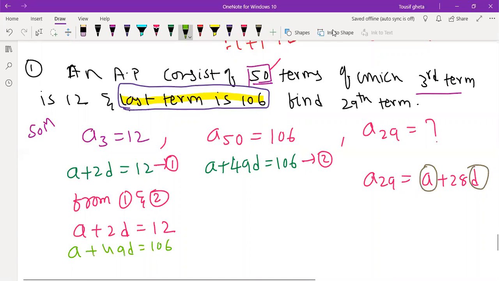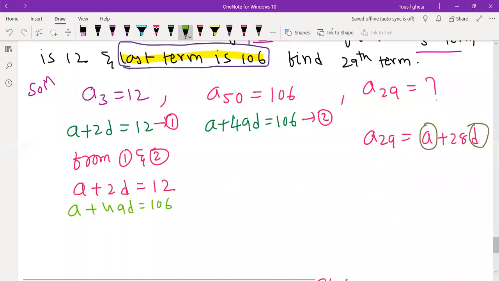You need to find either A or D. You can see A is the same, so we can cancel it. Here plus is A, so we'll write minus for the second equation. Understood? Now this sign is important.